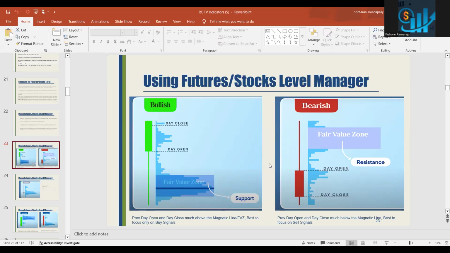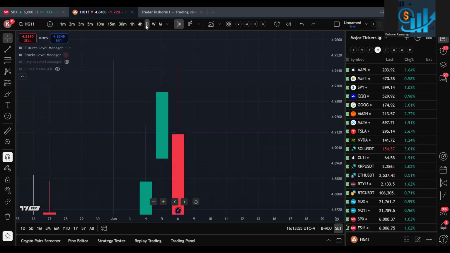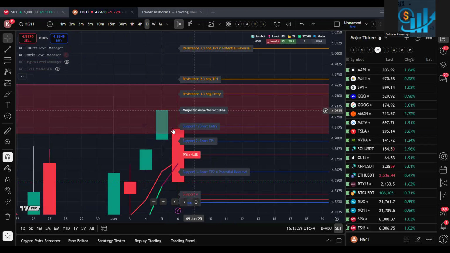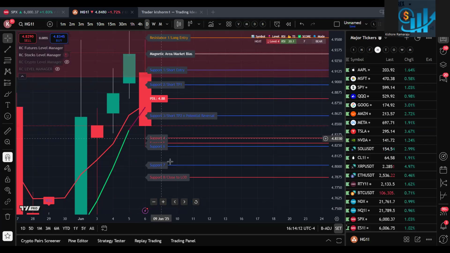So going back to TradingView. I hope you remember, right? Scenario one is completely bullish. Scenario two is completely bearish. So this is your open is below, your close is also below, which is our scenario two. That means the trend can continue going down further. 90% of the time, copper will go further down today. Right?